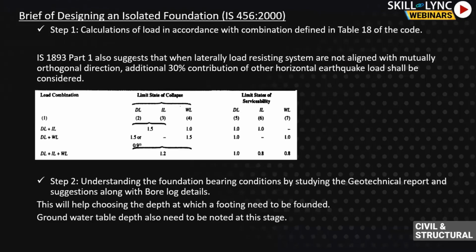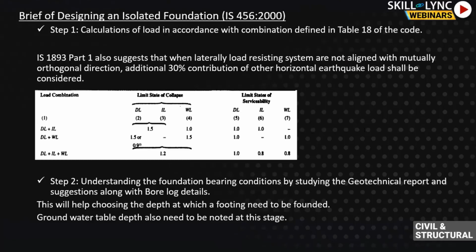Which means that once we're considering earthquake contribution in the load combinations, 30% of the earthquake load in one direction needs to be considered in the orthogonally other direction for our combination.